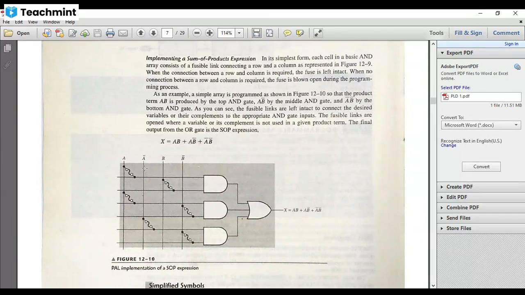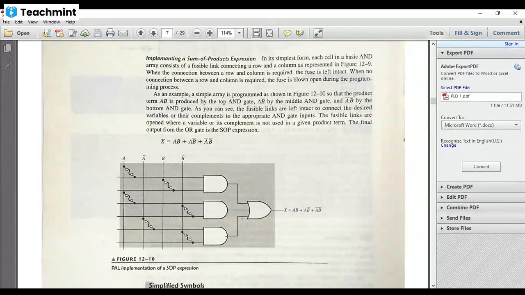Hence we get A and B as the outputs at the first AND gate. For the second AND gate, first we keep A as it is, and from the second input of the second AND gate we want B bar, so it is AB bar. For that purpose, for the fourth row, the fourth column link is kept as it is, and the first, second, and third are blown.